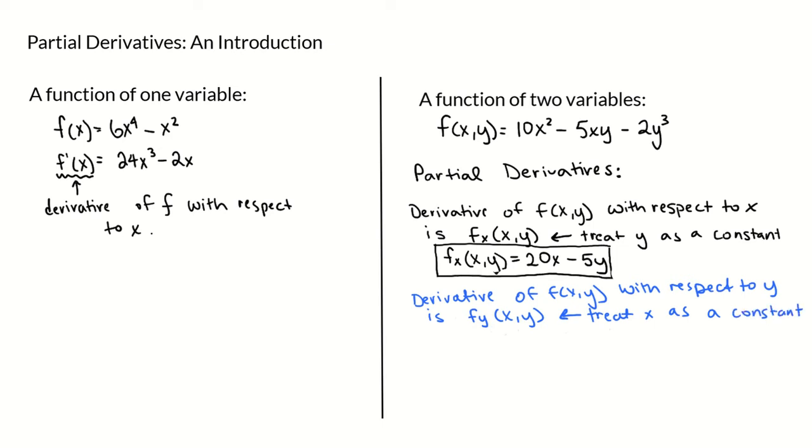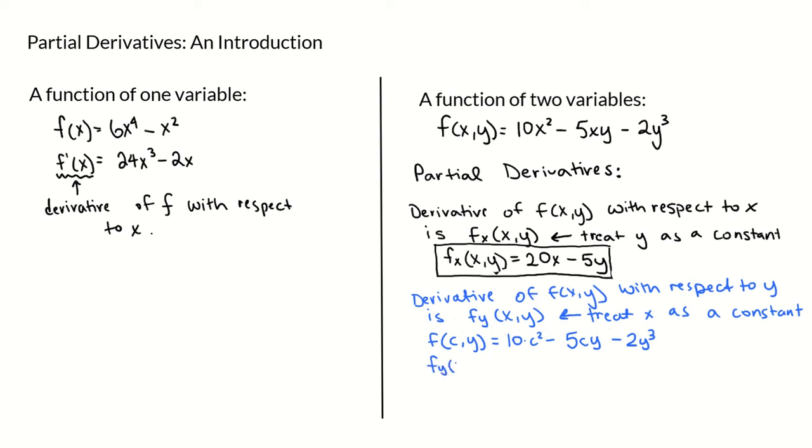I'm going to rewrite the function with a constant, so f of c y would be 10 times some constant squared, so that whole term is a constant, minus 5 times the constant times y, minus 2y cubed.